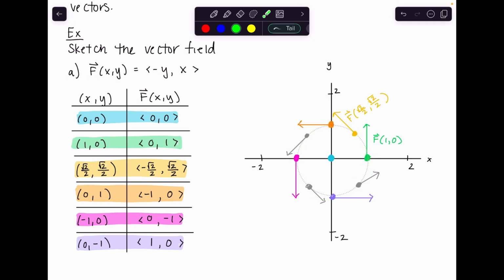So you can think of it like a little eddy or like a whirlpool, basically. But this is called a rotational vector field, because no matter where you pick, all you're going to do is just keep rotating around that circle.